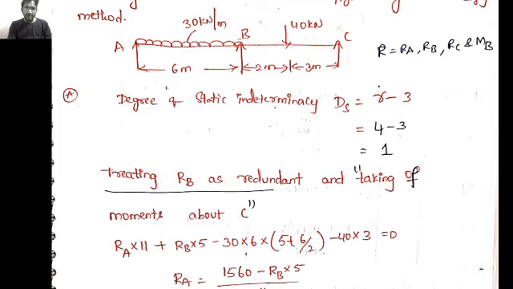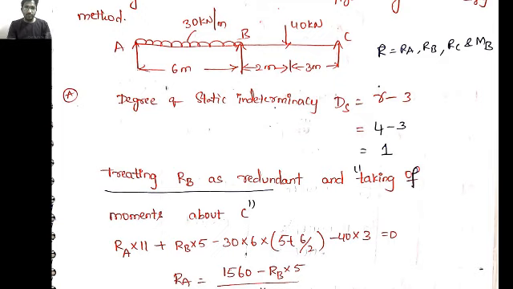RA into the distance 6 plus 5, that is 11, force into perpendicular distance, in the clockwise direction. Just make it clockwise. And RB into distance 5. Since we are taking moments at point C, write it very properly.